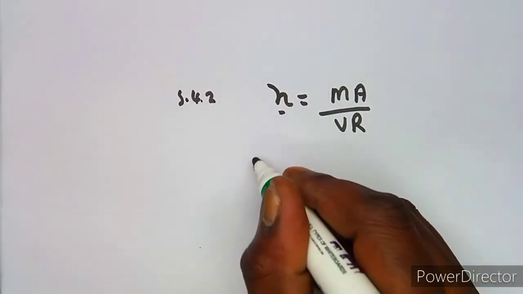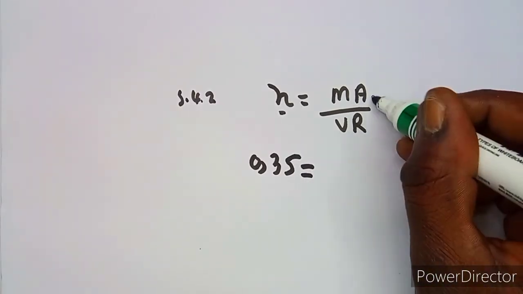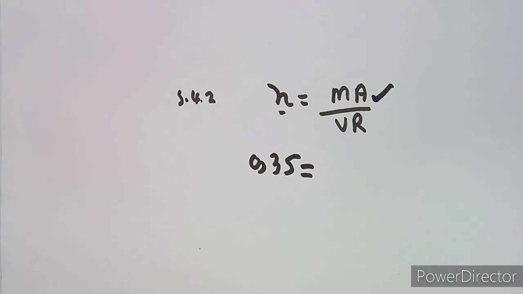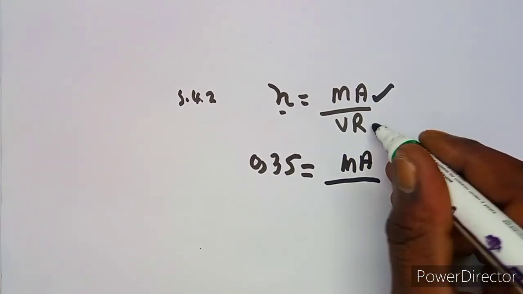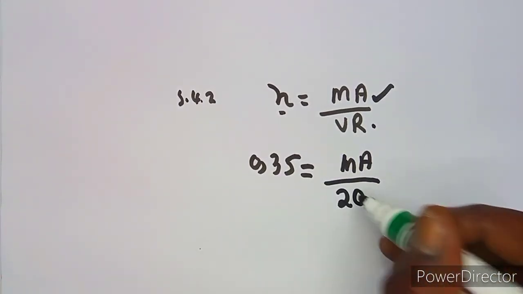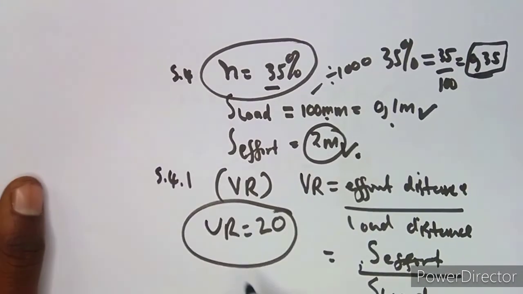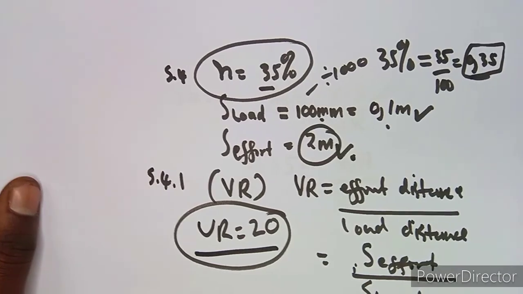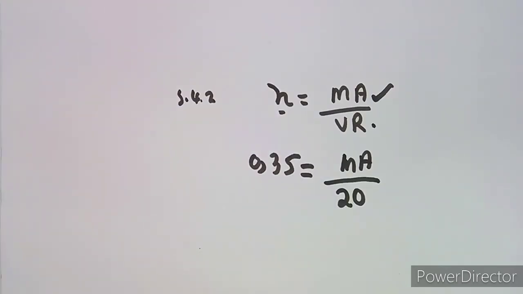So 0.35 is equal to the mechanical advantage, which is the one you want to calculate, over the velocity ratio that you calculated before. Remember, it was 20. All right, so what am I going to do? Cross multiply and solve the equation, because it's now a normal equation, where MA is over 1.